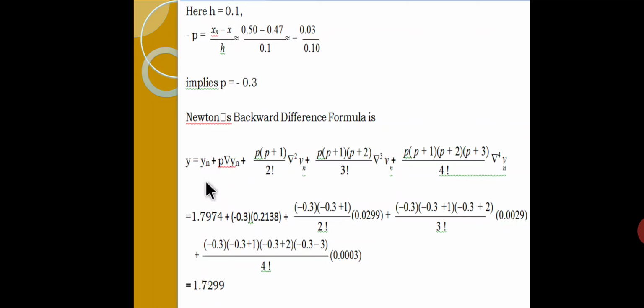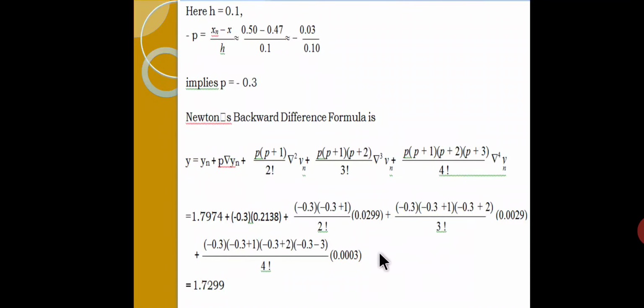That is equal to yn 1.7974 plus p value minus 0.3 into nabla yn value 0.2138 plus minus 0.3 into minus 0.3 plus 1 by 2 factorial into 0.0299 plus minus 0.3 into minus 0.3 plus 1 into minus 0.3 plus 2 by 3 factorial into 0.0029 plus minus 0.3 into minus 0.3 plus 1 into minus 0.3 plus 2 into minus 0.3 plus 3 by 4 factorial into 0.003. This is the nabla power 4 yn value.